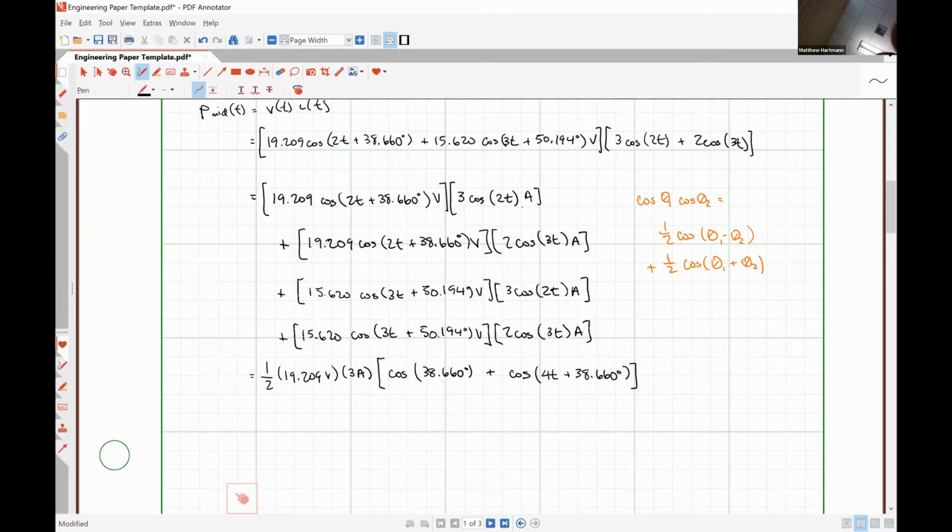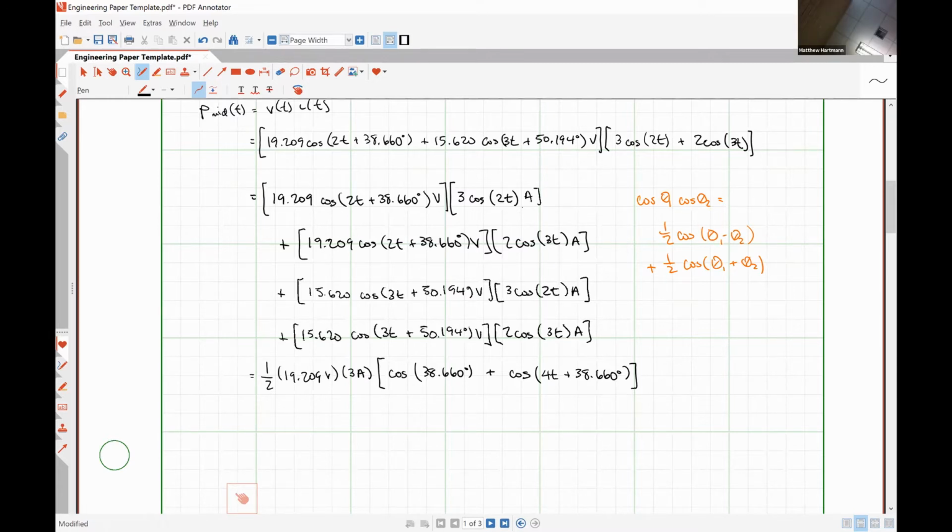So is everybody okay with that first bit of multiplication that I'm doing by applying the trig identity I've put in orange? That's good. I want you guys to notice something right off the bat here.